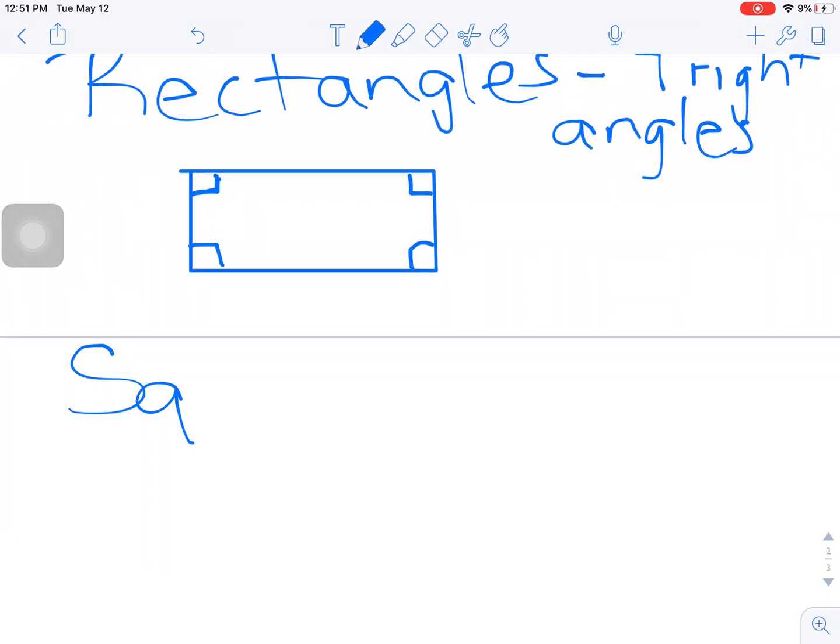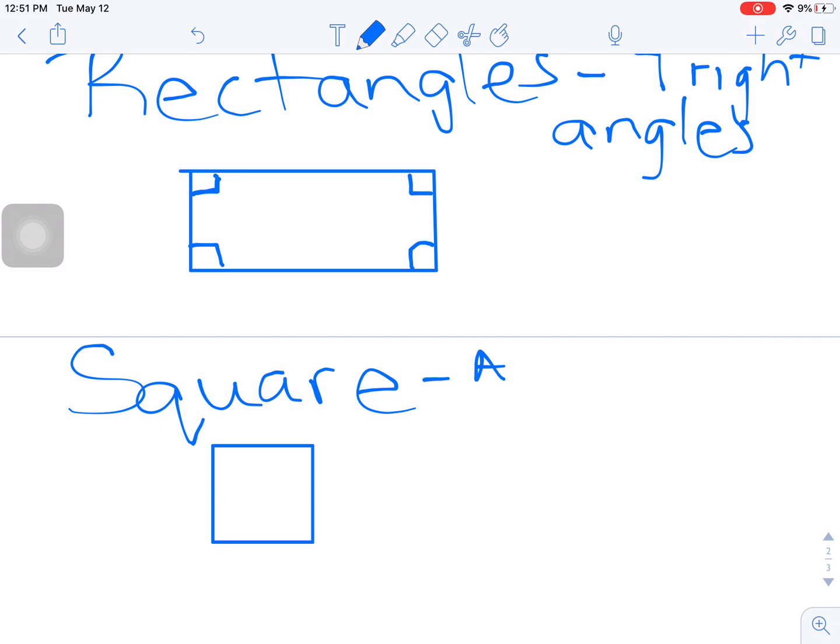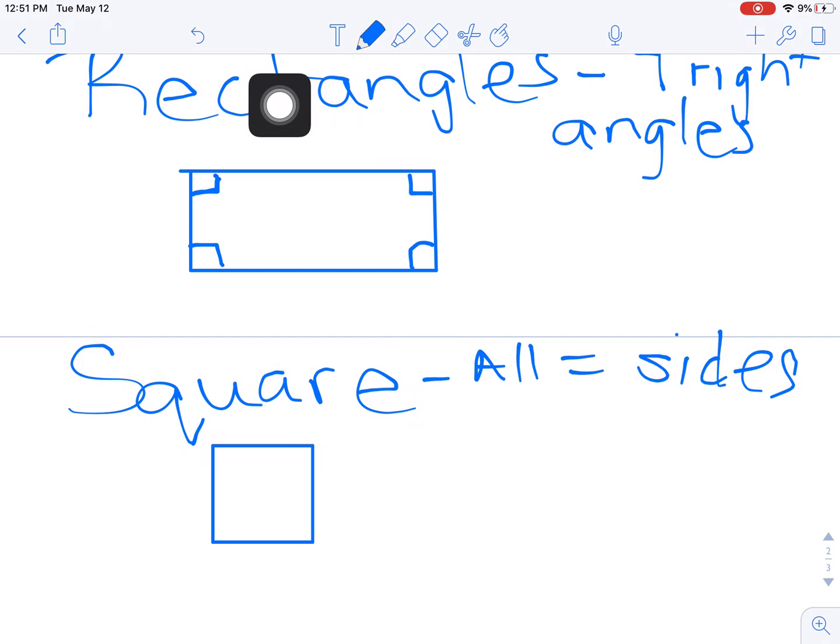Which makes me start to think about another quadrilateral we know about, a square. So what do we know about a square? It's not going to be perfect. Let me try again. I know that I learned in kindergarten through 2nd grade that a square has all equal sides. So that's different than a rectangle.